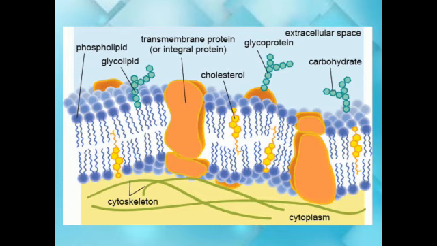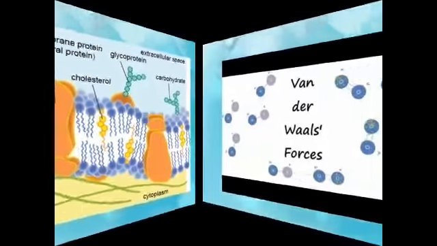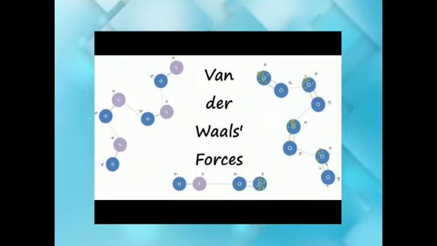Phospholipid molecules are in the form of bilayer, where tails face each other and heads are away from each other. To hold things together, there is a weak force of attraction. This weak force of attraction is called van der Waals force of attraction.